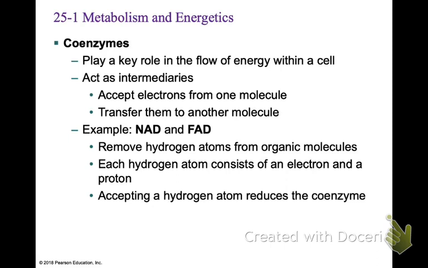NAD and FAD carry hydrogens. They are going to transfer those hydrogens and their electrons. They're going to be oxidized and then reduced. So they are transporters of hydrogen from one chemical reaction to another, from one part, say the cytoplasm or inside the mitochondria, to get those hydrogens to the electron transport chain.